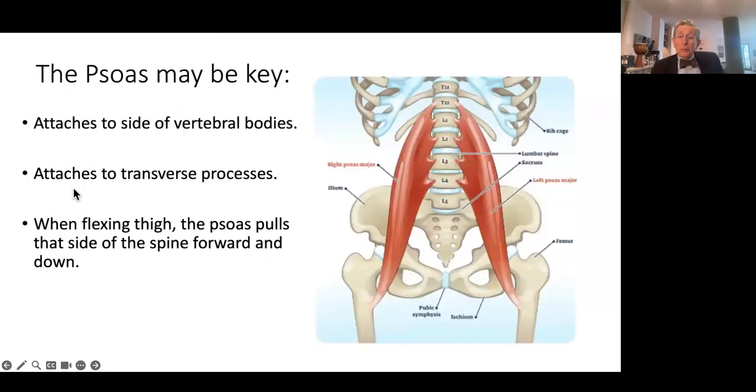We feel the psoas muscle is probably key here because it's so powerful and it attaches exactly to the lumbar vertebrae, to the sides of the anterior parts of the vertebral body, and to the transverse processes, which make the convexity and also pull the vertebrae forward on the side to which they're pulling, and which makes the vertebrae revolve backward on the opposite side, which is what, of course, we always see.